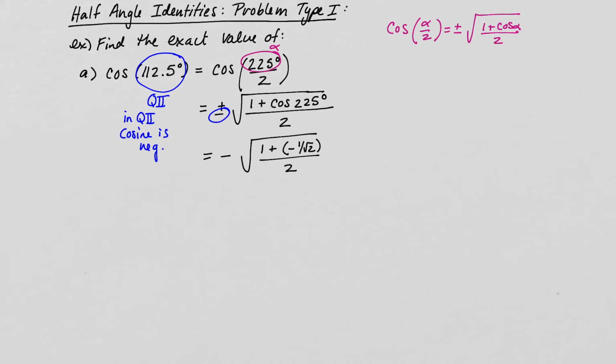So to rationalize this, I'm going to multiply the whole entire top by the square root of 2, which means I also have to multiply the whole entire bottom by the square root of 2. So this is going to become negative, big square root. This square root of 2 has to be distributed to both of these pieces. So it's going to end up being root 2 minus 1 all over 2 root 2.